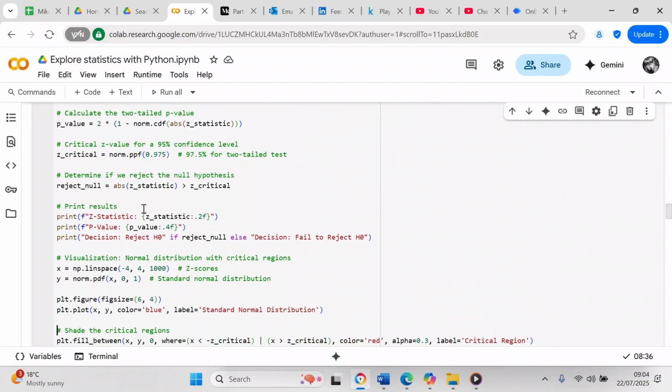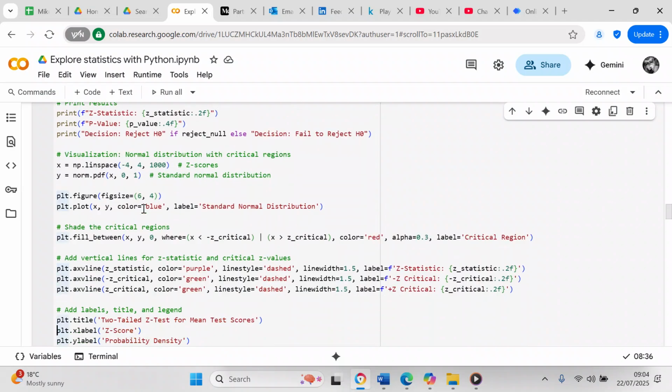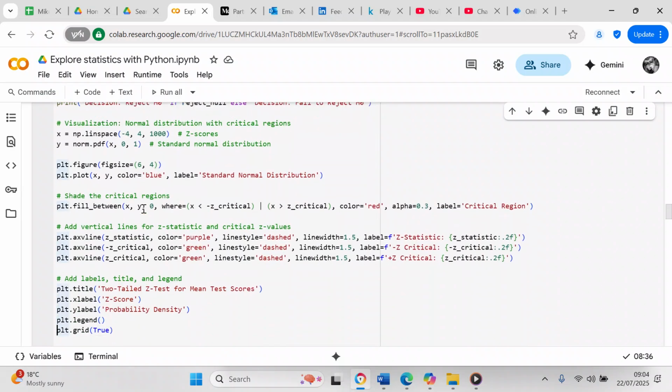Now we're going to visualize our data. We're going to visualize the normal distribution with critical regions. So x equals np.linspace brackets -4, 4, 1000, and that's going to set up your z-scores.